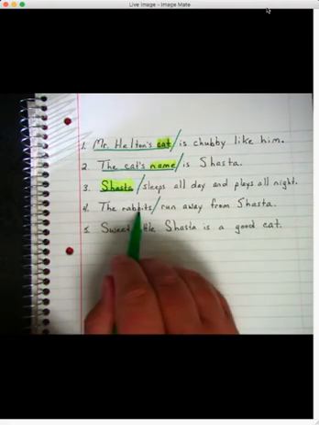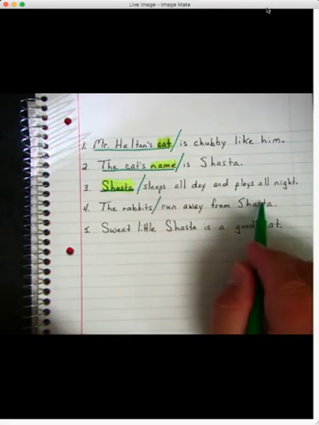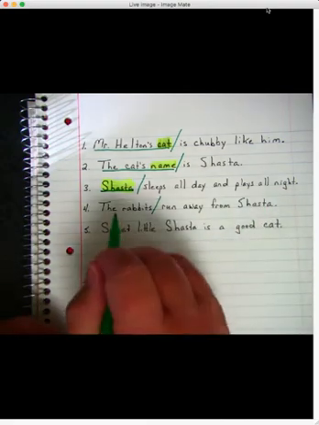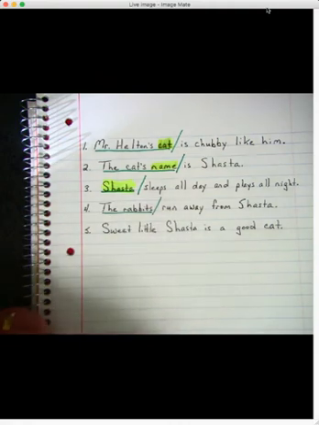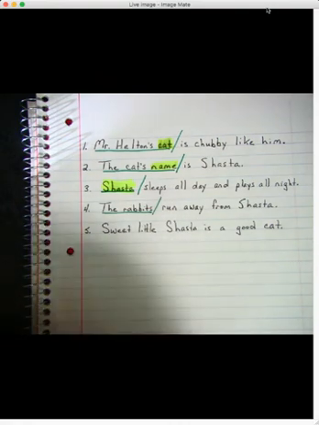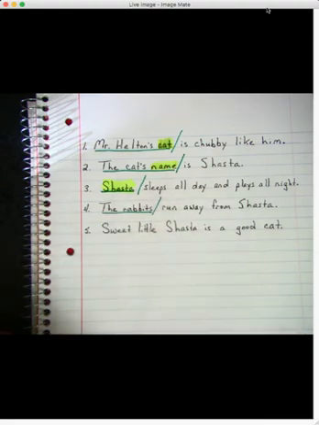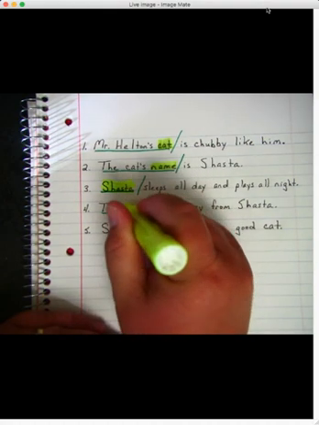Here's who it's about, the subject. Here's what they do, the predicate. So the complete subject is going to be all the words, the rabbits. And what do you think the one word is that's the simple subject? The ran away from Shasta? No. Of course, it's rabbits ran away from Shasta. So we're going to highlight that.